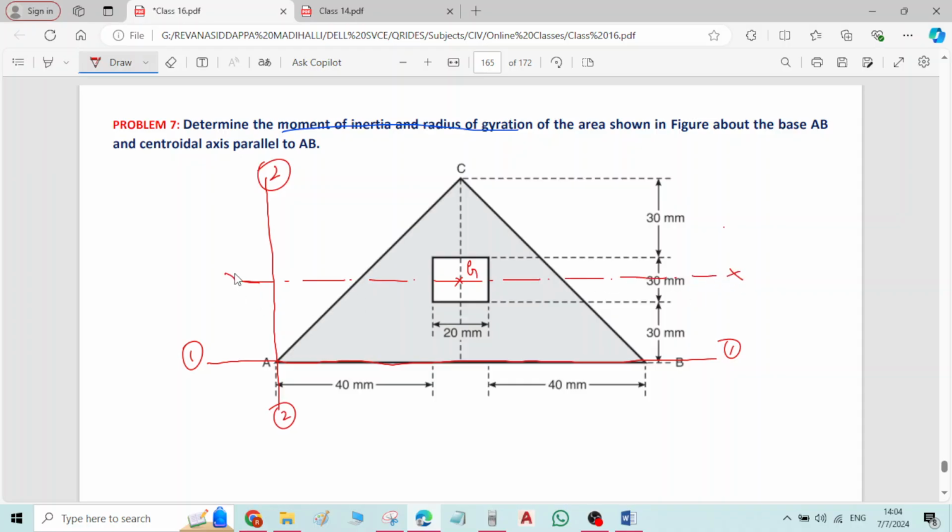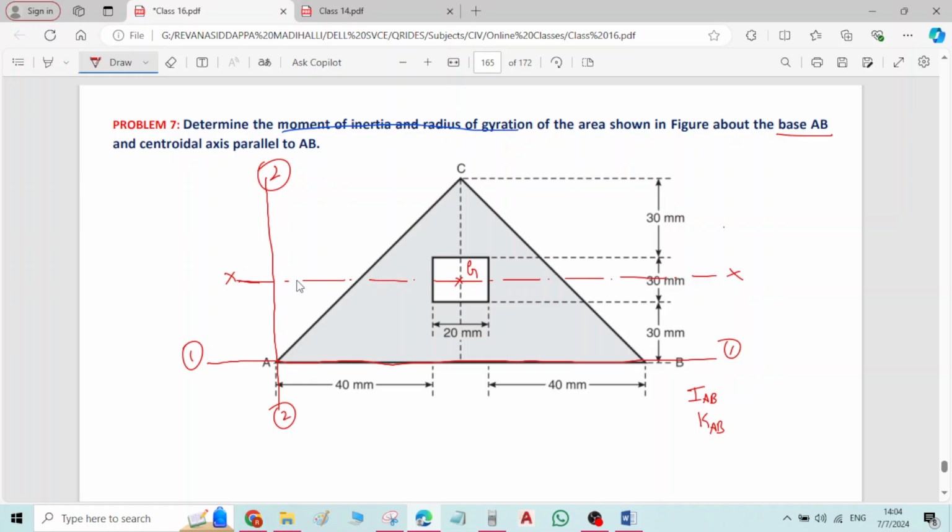So in the question, it is asked to find the moment of inertia and radius of gyration about the base AB. Means we need to find IAB and KAB, the radius of gyration about the axis AB, about the base AB and the central axis parallel to AB.